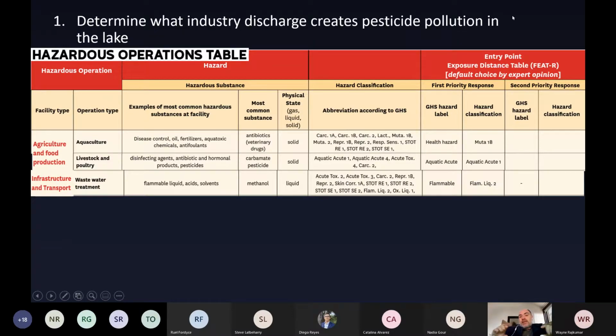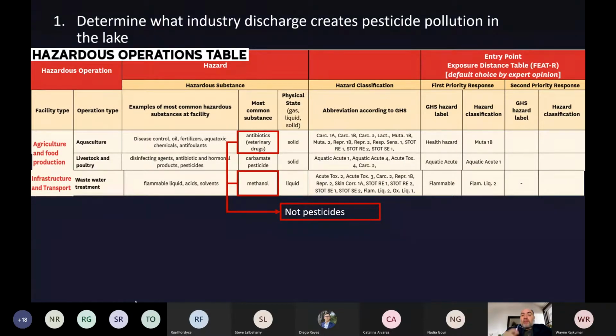Once I gathered this information, there's a lot of information that is being brought to us in the table. First, we can see in addition what other substances are released normally in the operation of these facility types. It can tell us as well about the most common substance. That's interesting because this brings me an idea of what I should focus on.